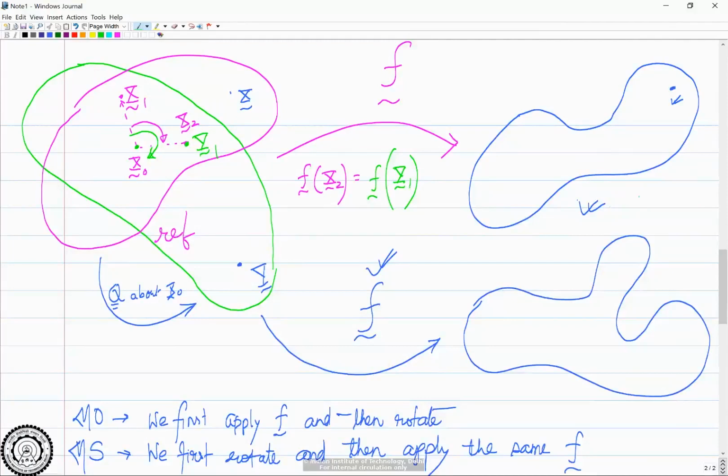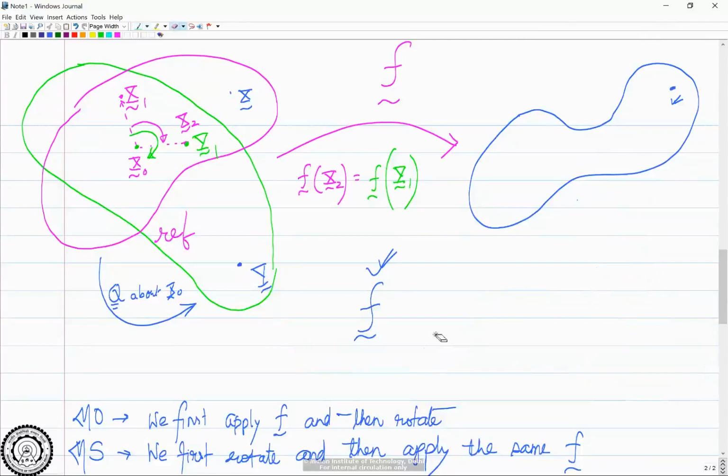So I have to also change the final configuration, because some points are at least matching. It's not like they are fully not matching. Some points are at least the same. So I should make it, now I draw it with maybe a different color.